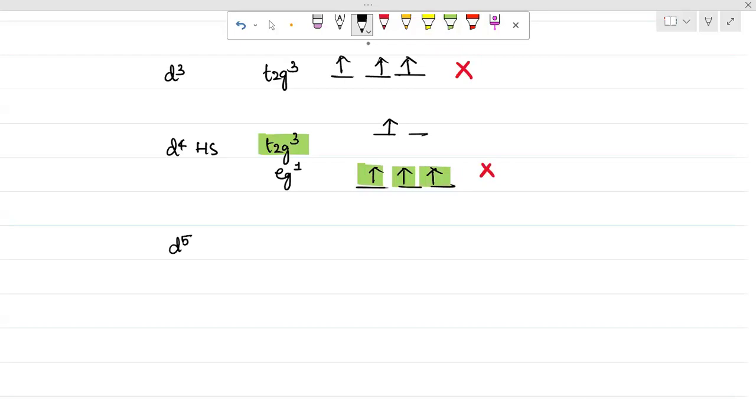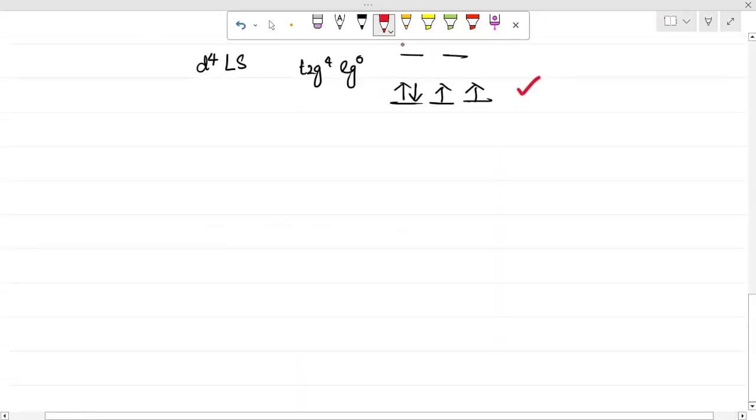But let's say you have D4 low spin. Okay, so it would look something like this. 1, 2, 3. The fourth one cannot jump and will get paired over here. T2G4EG0. Now there is an unsymmetrical electron distribution and hence orbital contribution exists.